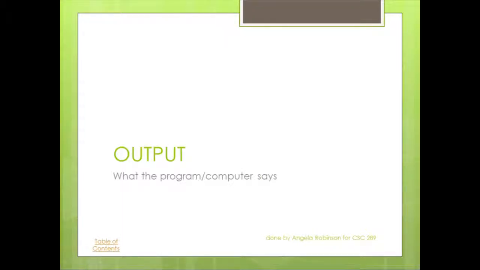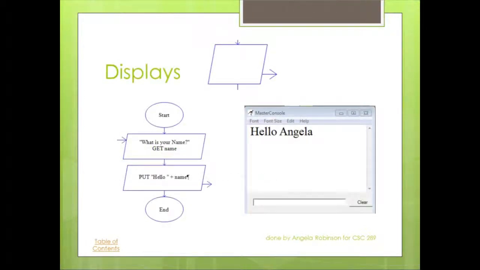Output is anything the program shows the user, whether it be plain text, what is being held in variables, the combo of the previous 2, or something graphical like a picture or a user interface. Here, I show the empty output symbol for Raptor at the top. On the left is the full flowchart of a program asking for your name. The first symbol is an input of what I showed you in the previous slides.